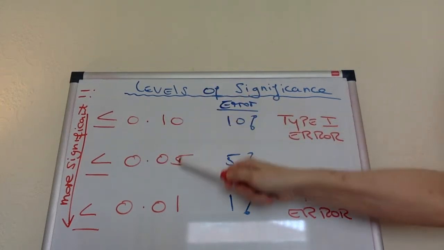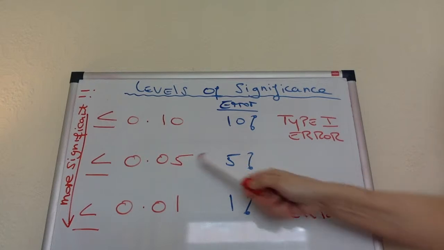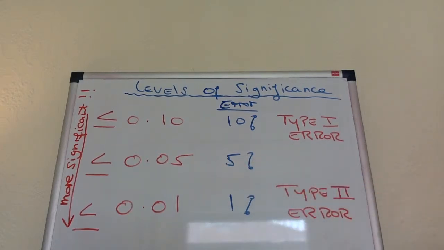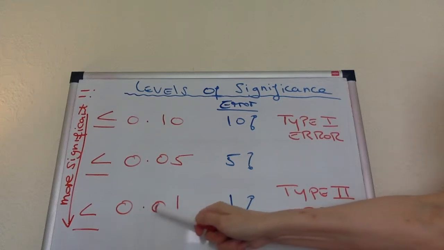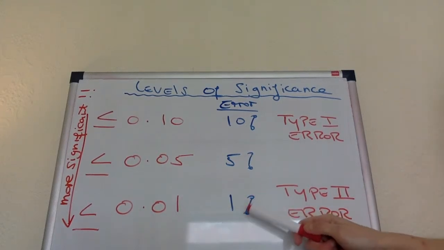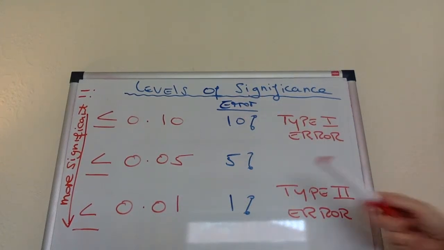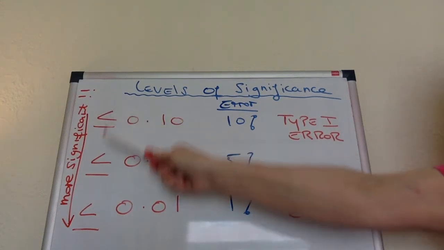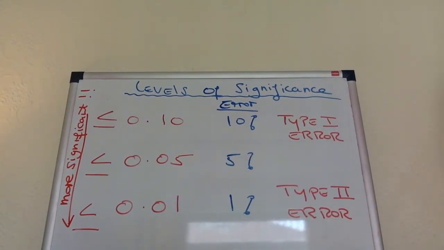Okay, so when you go down one, you go to 0.05 as your level of significance, which is a 5% chance of having an error. So that's much tighter, but it's still not perfectly tight. You go to 0.01, 1% chance of error. That's really quite good. That's more significant. Why?